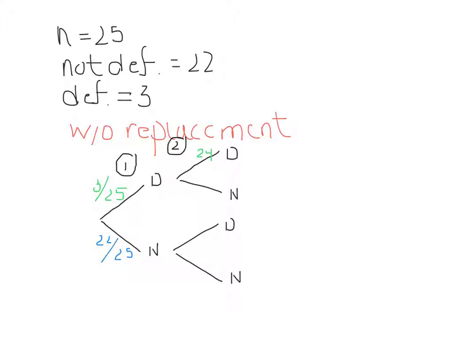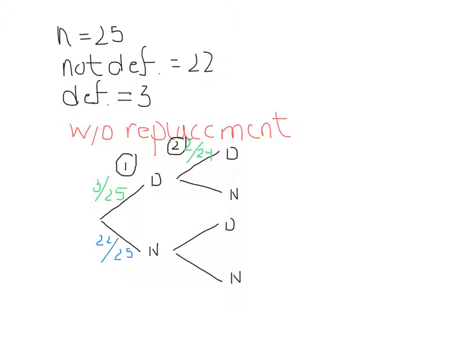Now, this stem here that I'm continuing on with in my tree diagram is one where I want to determine the probability that the second part I pick is defective if I know that the first part I picked was defective. I did not replace the first part in the box, so that's why I only have 24 parts remaining. Of those 24 parts, only 2 of them are defective because I already picked one of them.